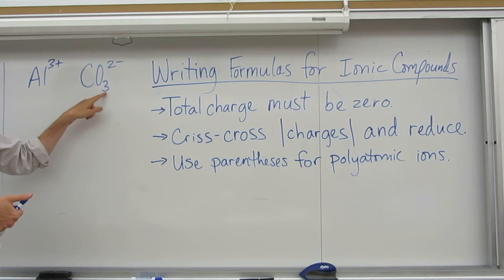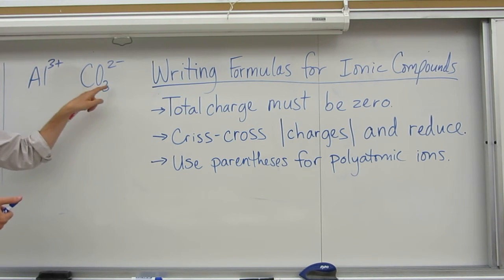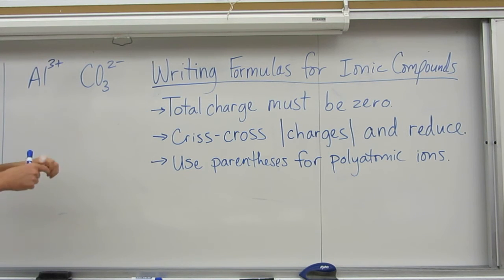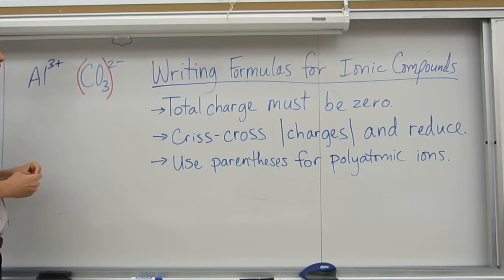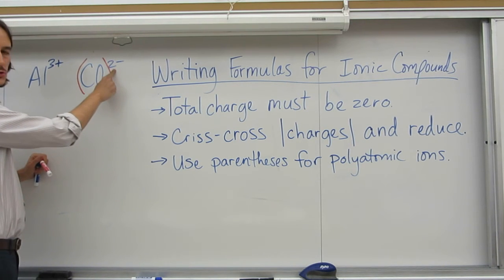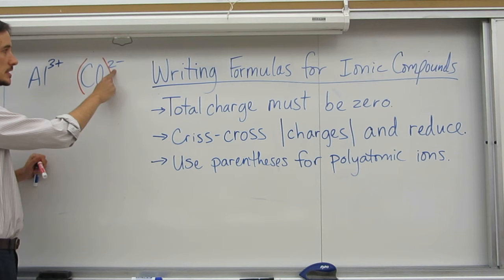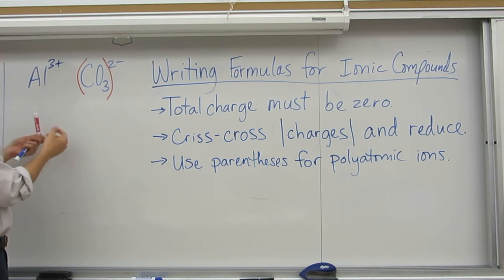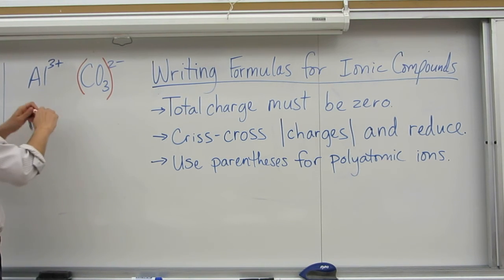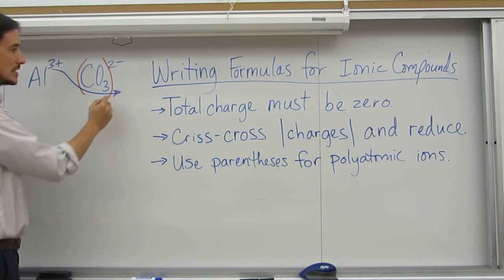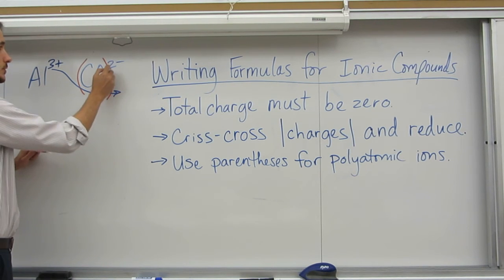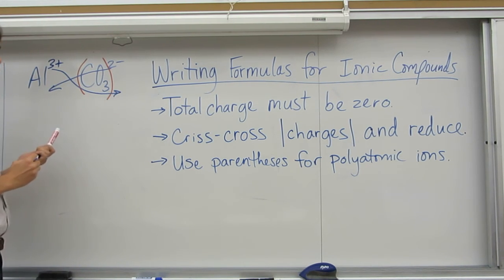Now for this one, we're going to crisscross, same as we did before. However, you have to be careful because this already has a subscript in the place where we put it last time. So I'm going to put parentheses around here. Notice when I put the parentheses, I left the charge outside of the parentheses. Now I'm going to crisscross the charges, same as before. The 3 goes outside of the parentheses. The 2 goes for the aluminum.